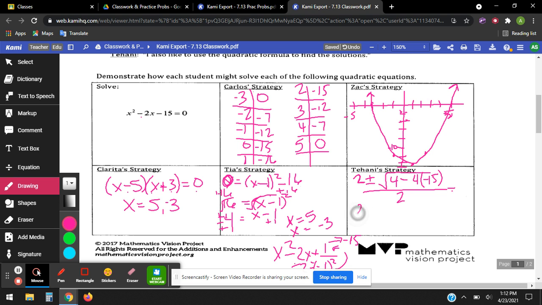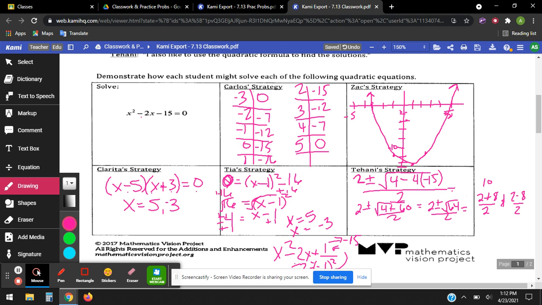So equals 2 plus or minus the square root of 4 plus 60, which equals 2 plus or minus the square root of 64. Well, we know the square root of 64 is 8, all over 2. So 2 plus 8 over 2 and 2 minus 8 over 2.